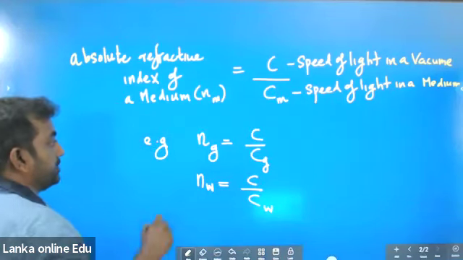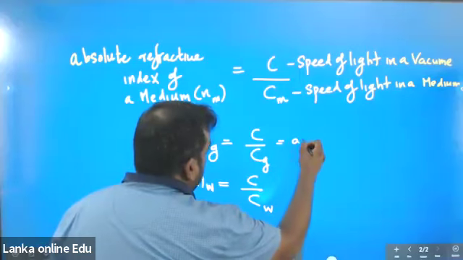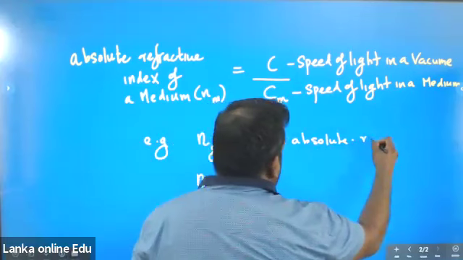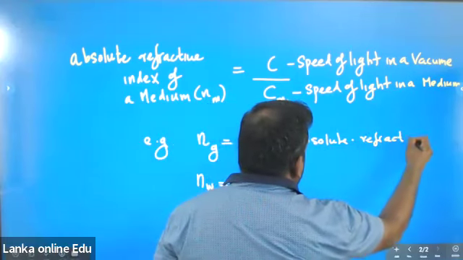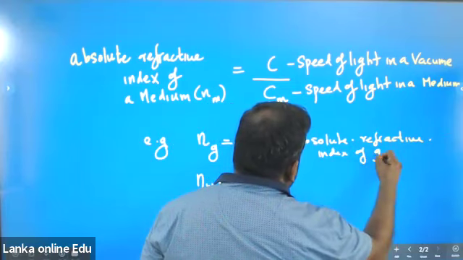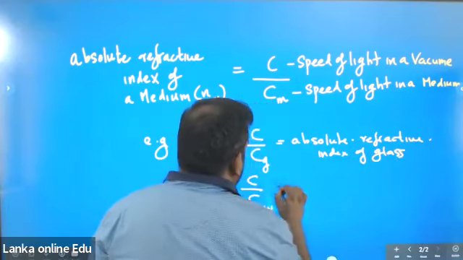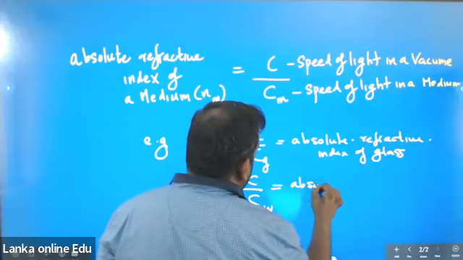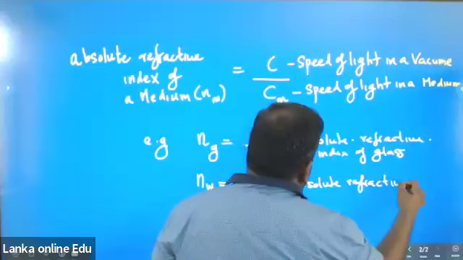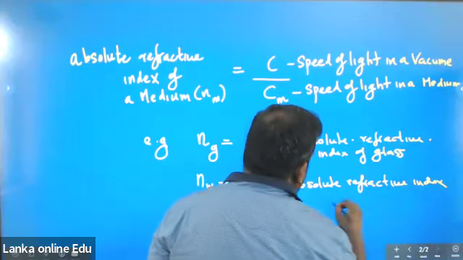Okay? So this is the absolute refractive index of glass, and this is the absolute refractive index of water.